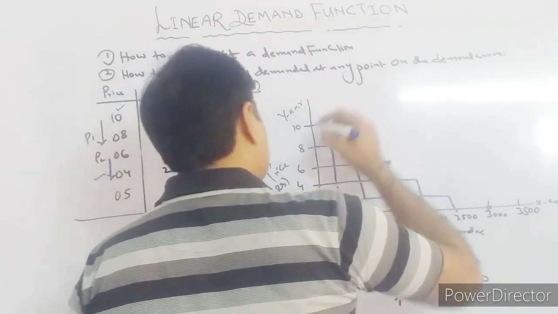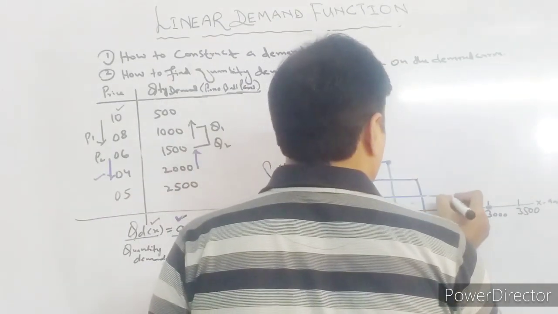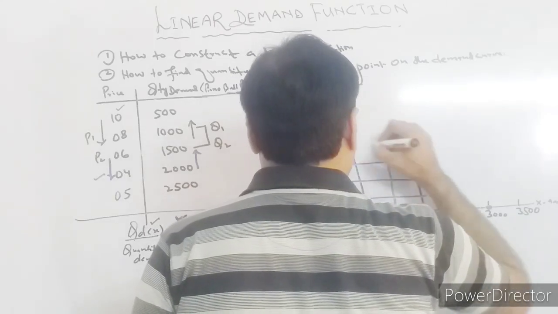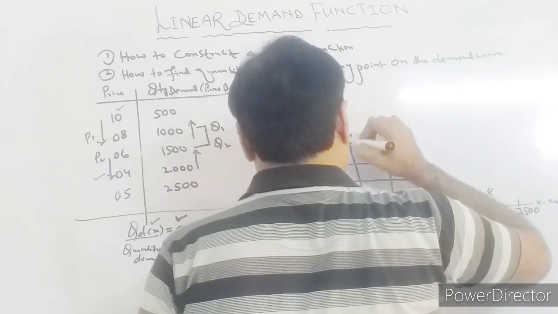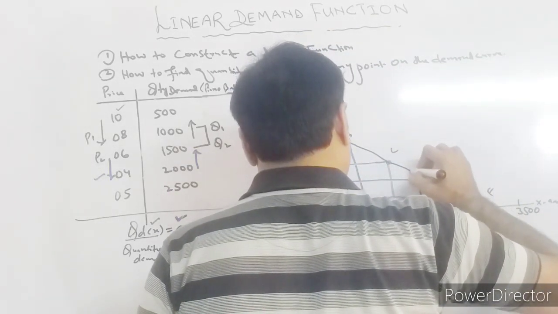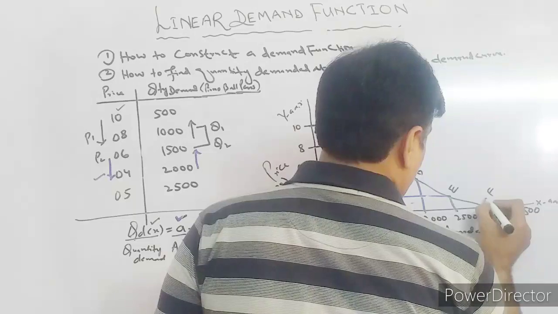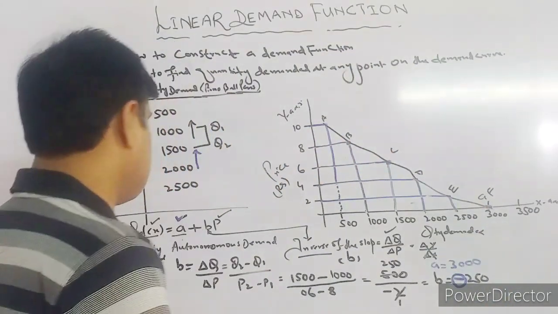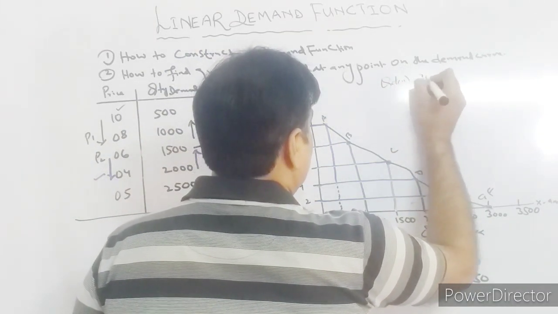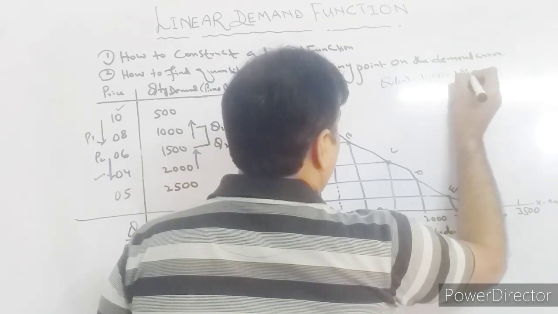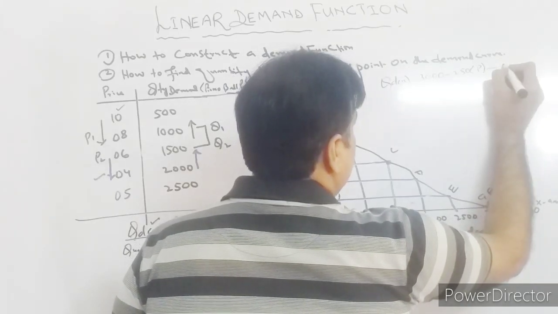By joining these points, we get a curve, that is the demand curve. The A intercept is 3000, that is in your equation. We can make an equation now: quantity demanded of X is equal to 3000 minus 250 P. So this is our demand equation.